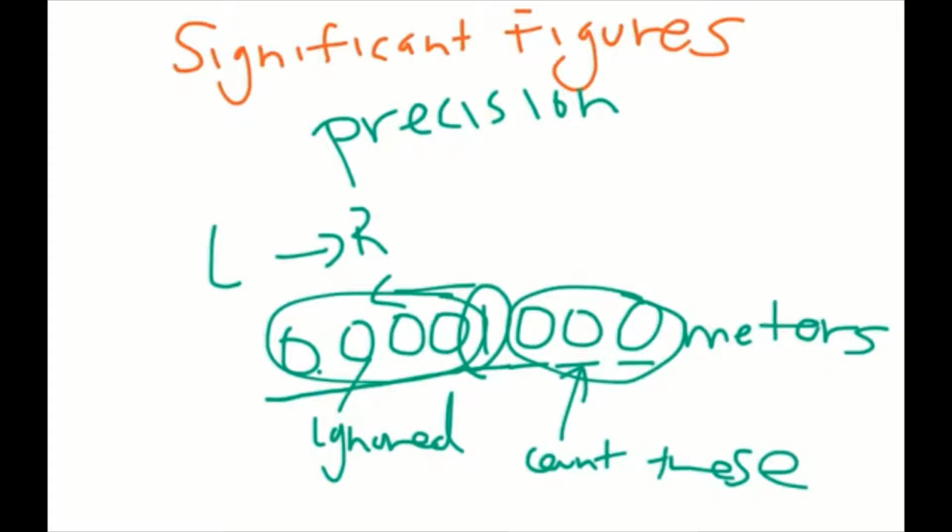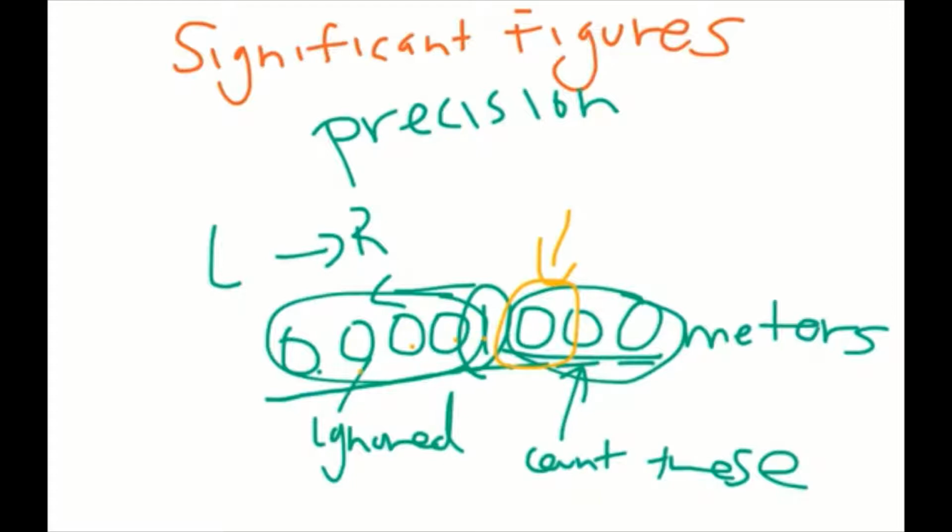Well, even though these are zeros, they still matter, because the fifth zero, 1, 2, 3, 4, 5, for example, tells us that we know for certain that the 100,000th place is a 0. That's the 100,000th place, by the way.